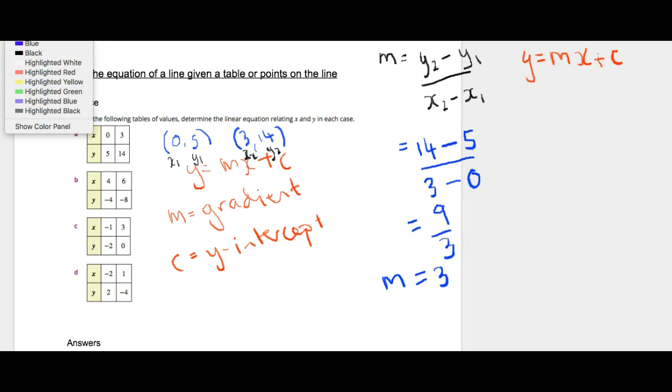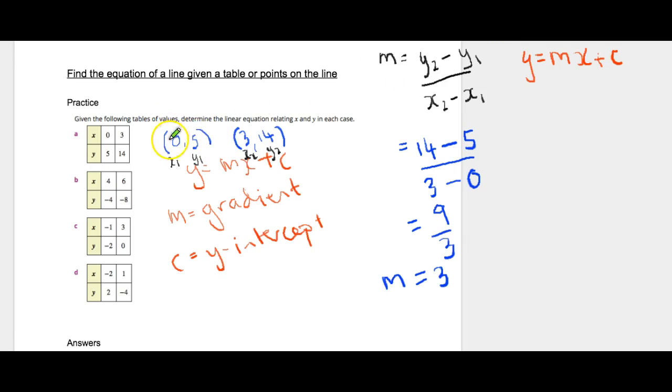Alright, so in this equation we have x and y. Now x and y can be any point on the line. So we've got 2 points, so I can substitute in either 0, 5 or 3, 14. I'm going to choose 0, 5 just because it's easier. So that means y is 5, because I've got the y coordinate here. m we calculated before is 3.